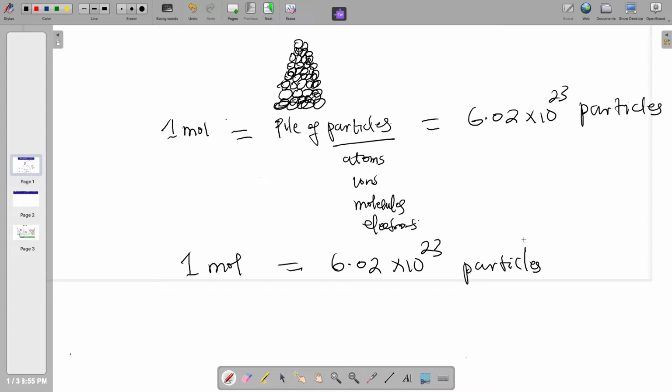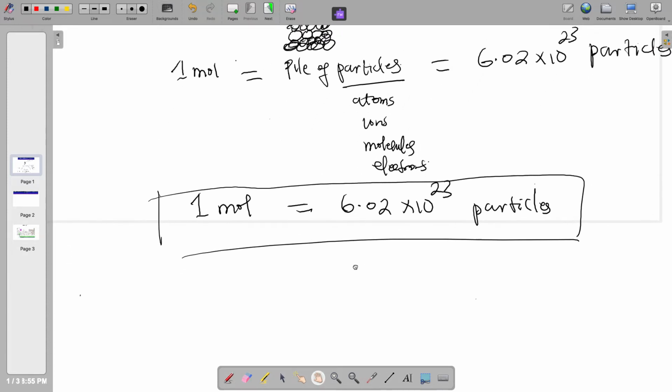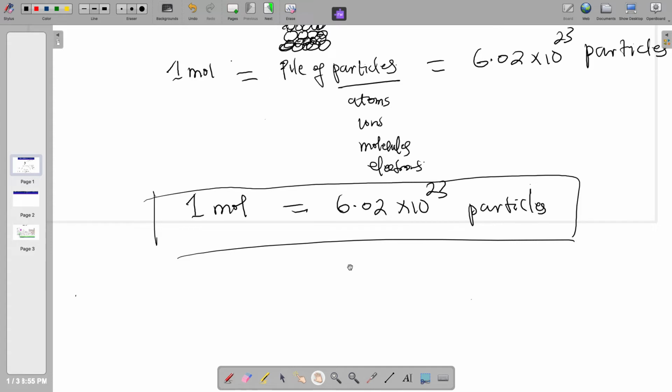Okay. So this 1 mole contains Avogadro's number. This is a relationship. So from this relationship, we can write conversion factors. And recall, when you have a relationship involving 2 different units, like this, you can always write 2 conversion factors. So let's go ahead and write a conversion factor.